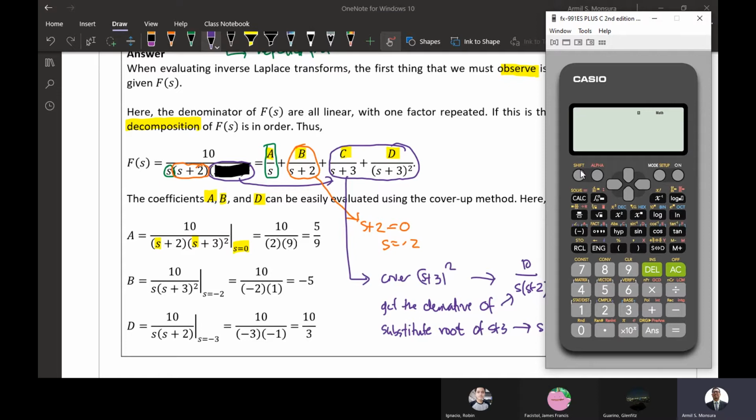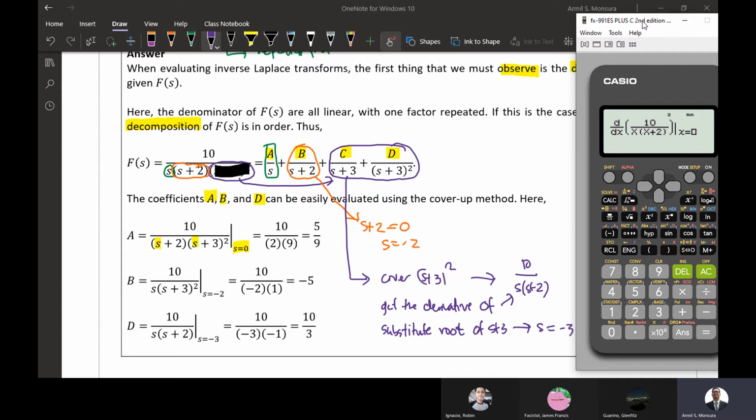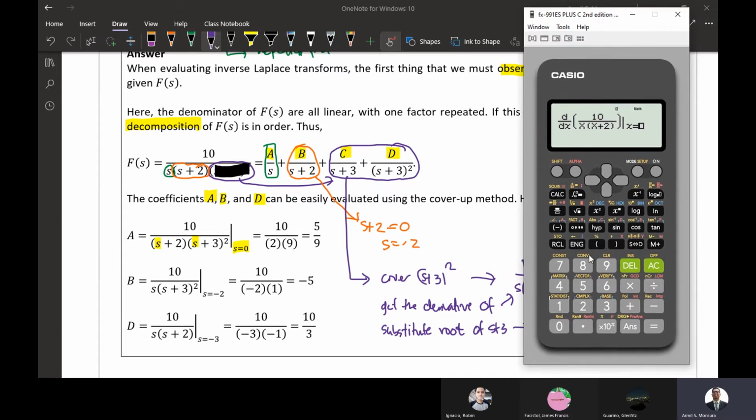Pwede natin siyang gawin dito by using this function, yung derivative function na yan. So, that is 10 over x times x plus 2. Tapos, yung isa-substitute natin, in this case, negative 3. So, ilalagay natin negative 3. Press equal.